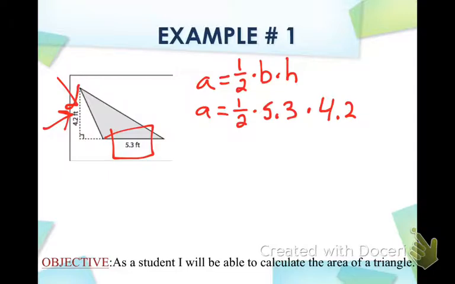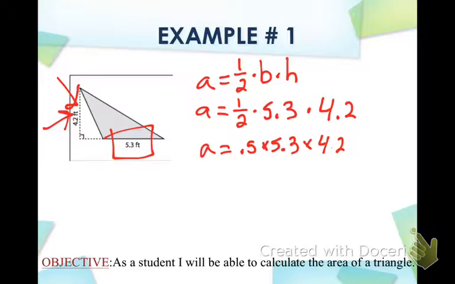I'm going to be honest with you. If you're using your calculator, it's a lot easier if you just say area equals 0.5 times 5.3 times 4.2. Okay? You can use 0.5 because your calculator in the I-STEP will not be able to do fractions. So I'm just going to go ahead and get used to saying 0.5 because remember, 1/2 is 0.5.